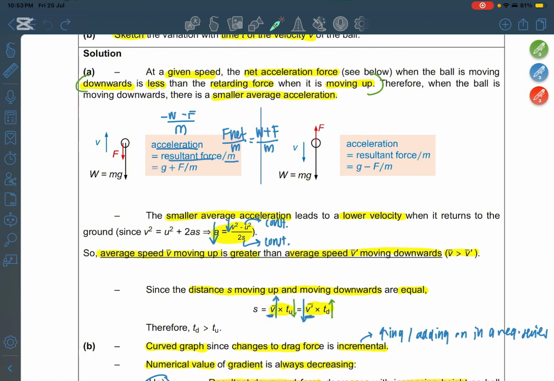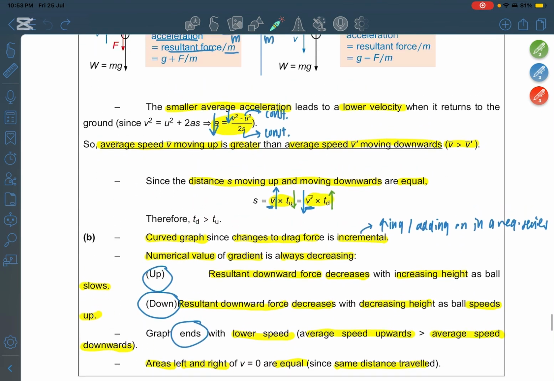And so to compensate, the one that is smaller is going to be compensated by the time, which is going to be bigger. That's why td is going to take a longer time.